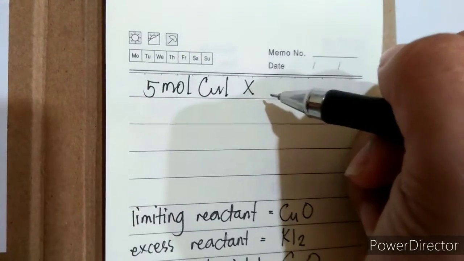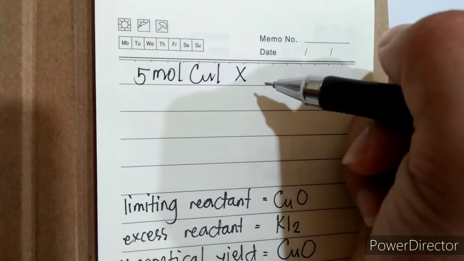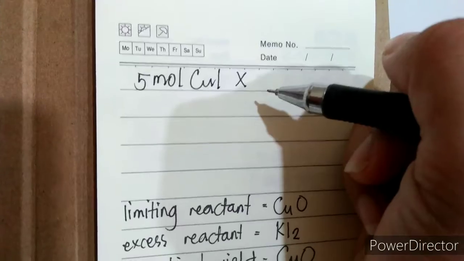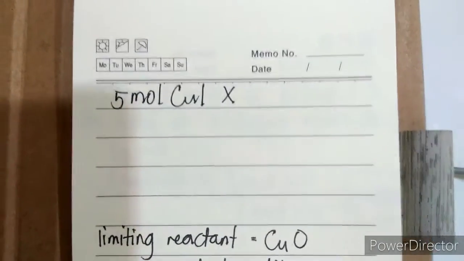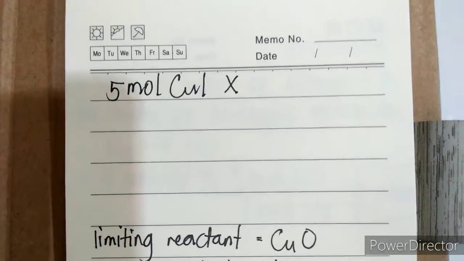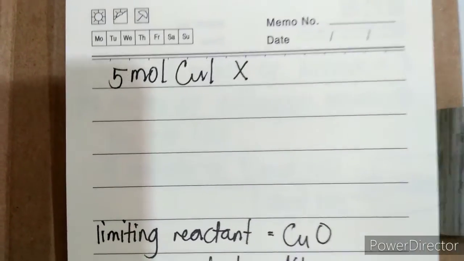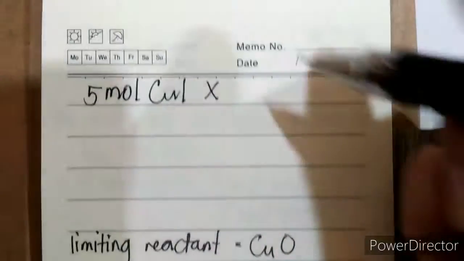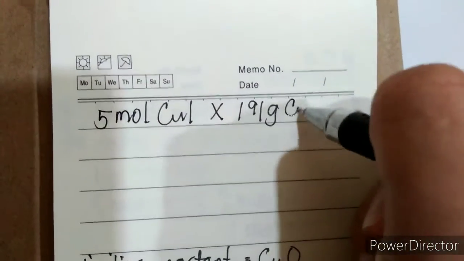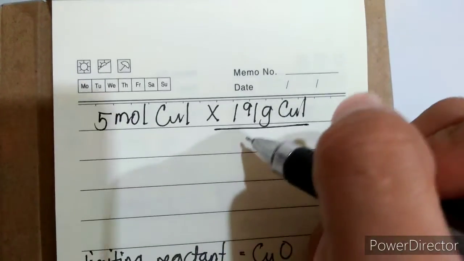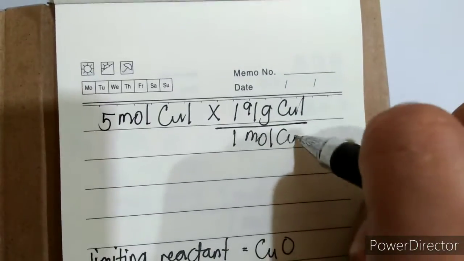So we need to have the total mass of the copper and the iodine. So in the periodic table of elements, copper has a 64 mass and iodine has 127 mass. So 127 plus 64 is equal to 191. So let's put grams here, CuI over 1 mole of CuI.